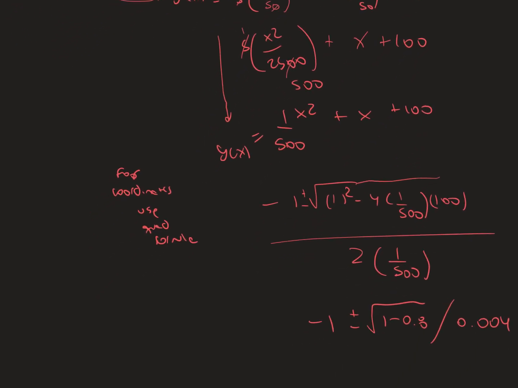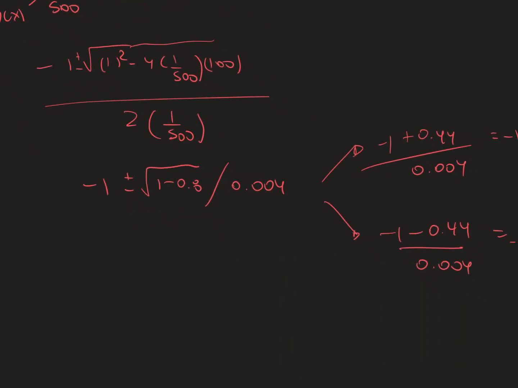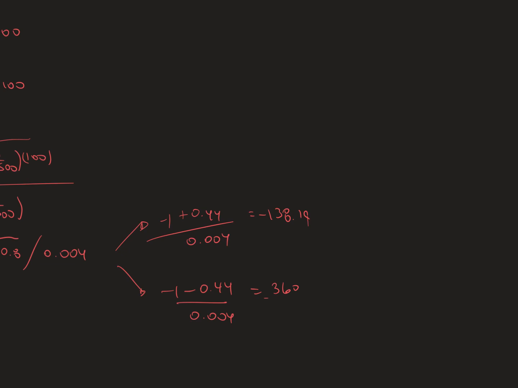Now we use the quadratic formula again to find the coordinates for y of x. In this case, we get two values, negative 138.19 and negative 360. Again, since the values given were wrong, we should have gotten one positive answer and one negative answer, and we would have chosen the positive answer.